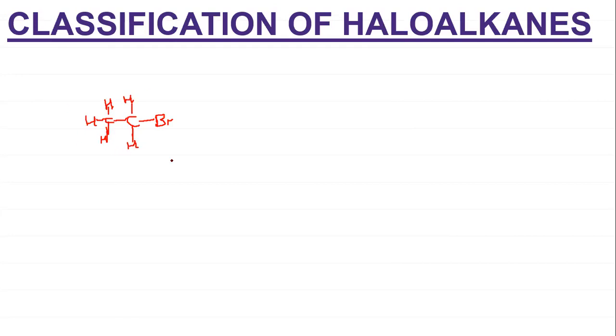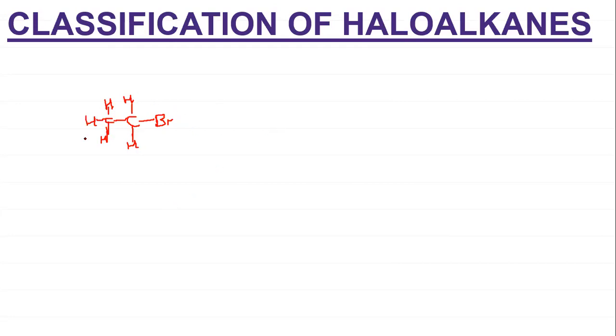Right. Now, this one, if I asked you for the name, you would have just said to me, Meneer, this is 1-bromoethane altogether, or simply bromoethane, because the Br, whether it's this side or that side, it's just going to be on carbon number 1.